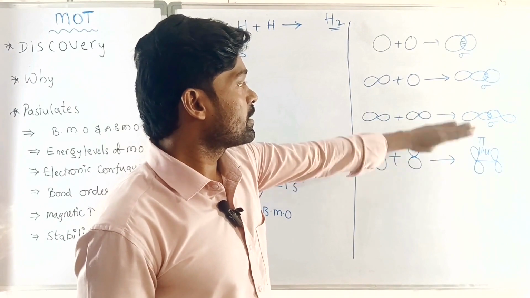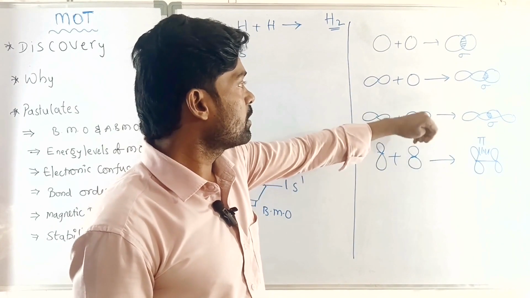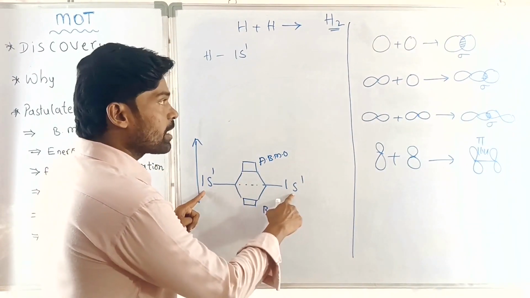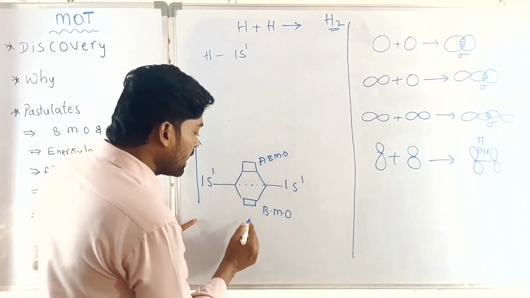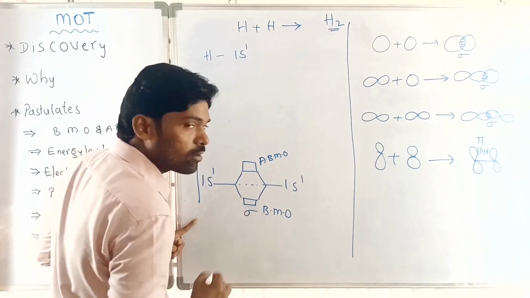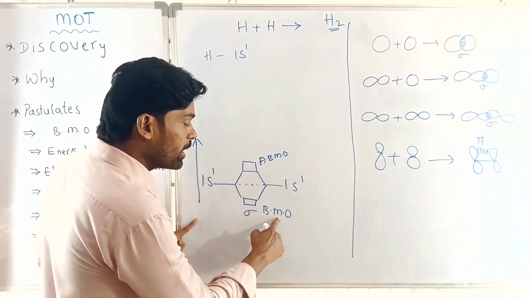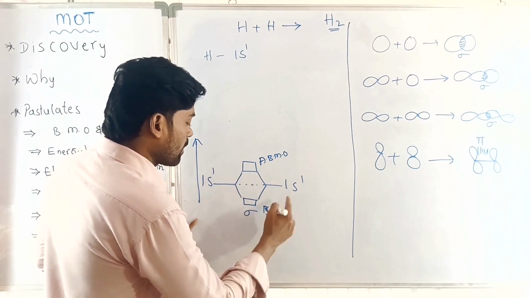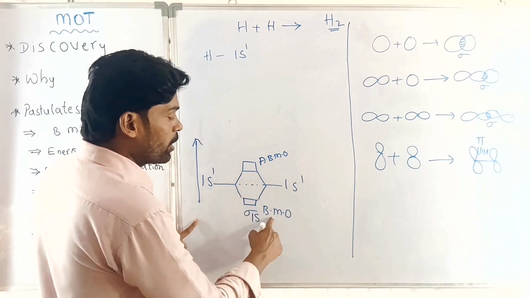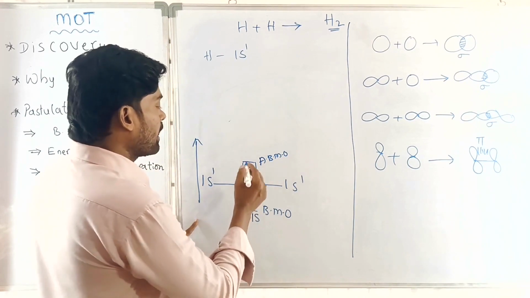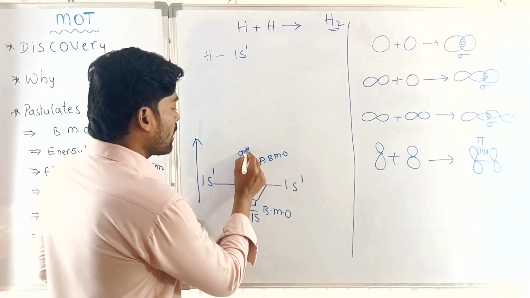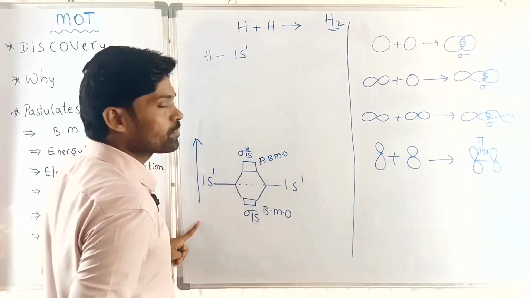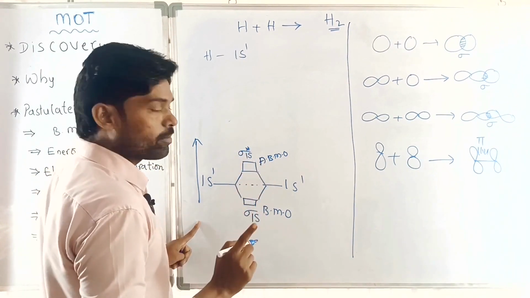These are the sigma bond and pi bond formation details. So coming here, when 1s orbitals combine, they give a sigma bond, the sigma bonding molecular orbital. What kind of orbitals are participating? 1s orbitals. So this is sigma 1s bonding molecular orbital. The star mark indicates anti-bonding, so sigma star 1s is the anti-bonding molecular orbital.